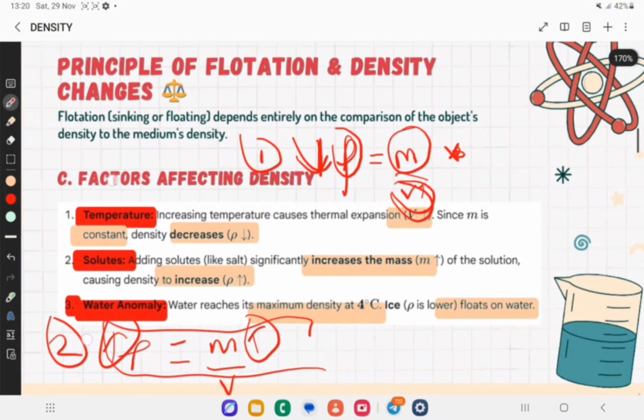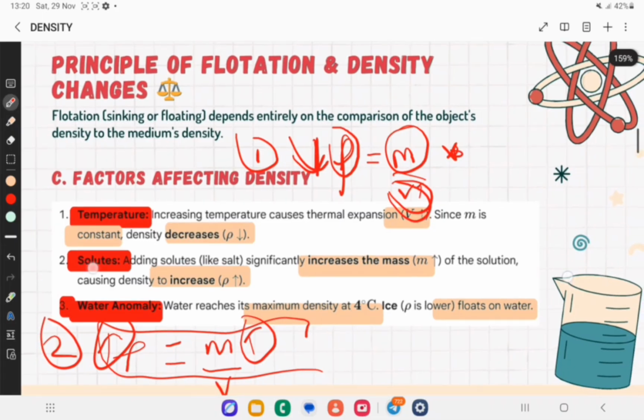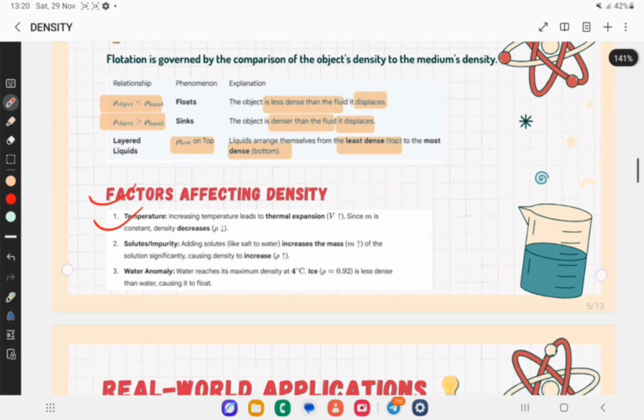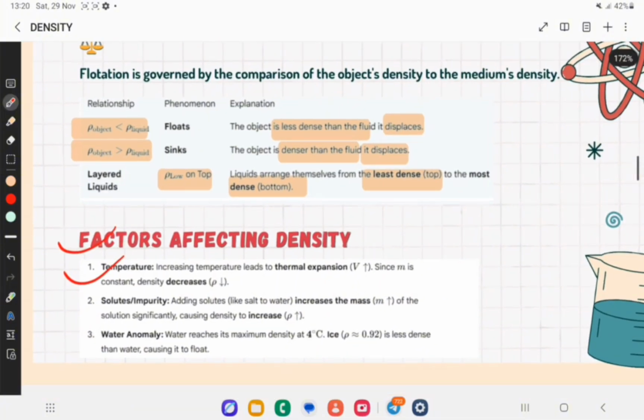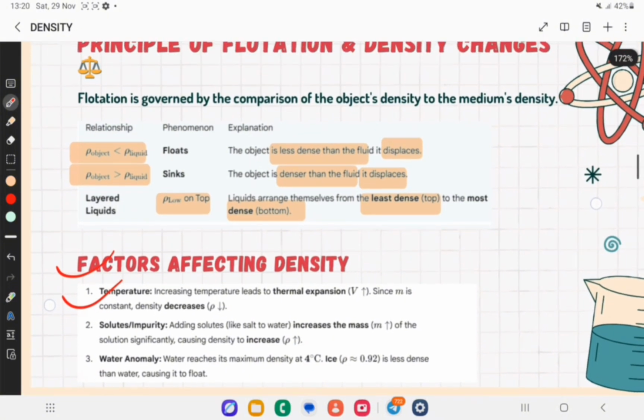We need to remember our formula for density first, and then we can know what happens with temperature, what happens with impurity, and what happens with water. So it is just the same.